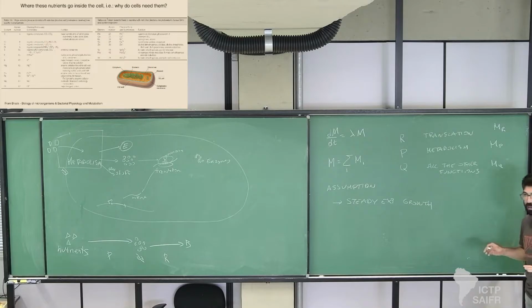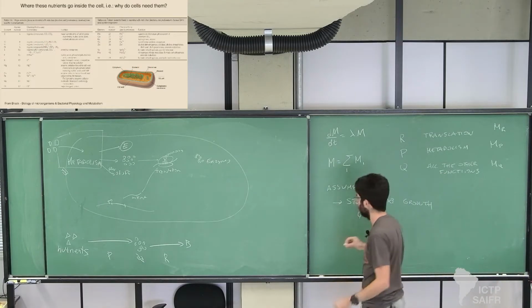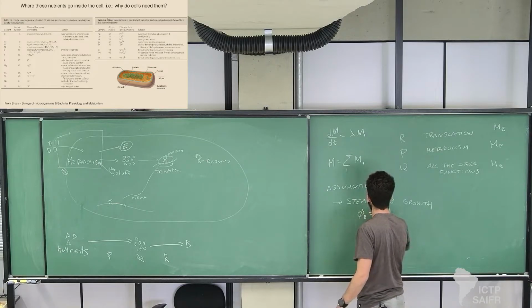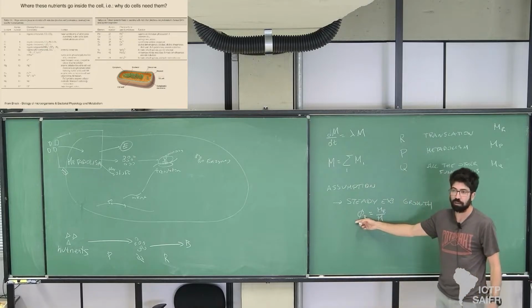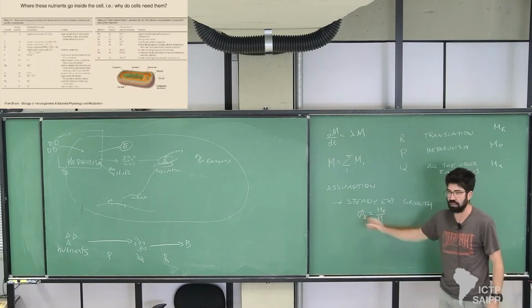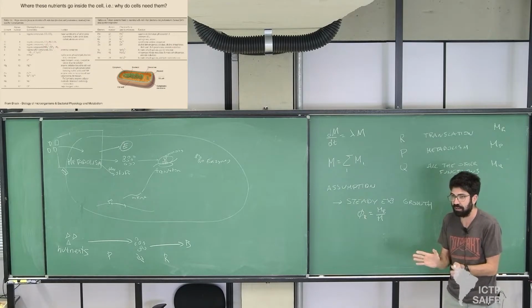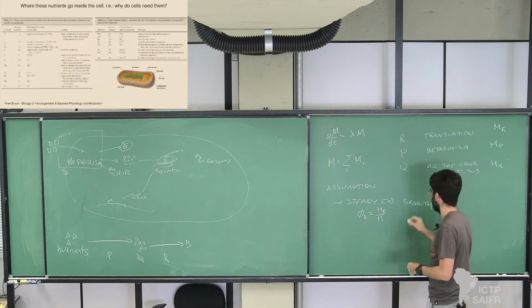It's time independent. So if we define, for instance, the fraction of mass which is devoted to translation, our assumption is that it's time independent. So this grows exponentially with the same rate. Okay? So if we look at this cell inside and we look at the fractions, they are constant over time.